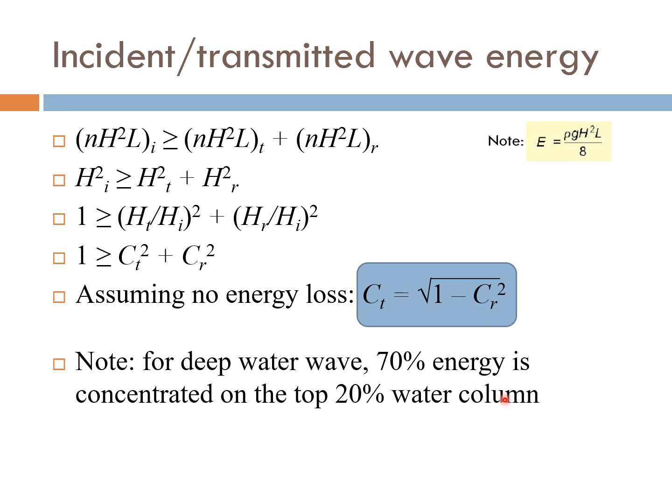Take note that for deep water waves, typically 70% of the energy is concentrated on the top 20% of the water column, which is why breakwater is very effective in reducing the amount of wave energy on the lee side.